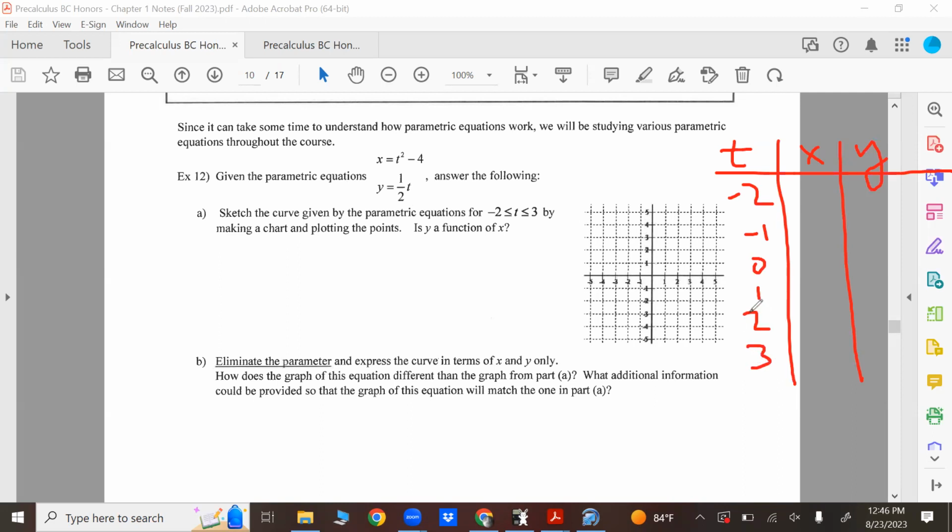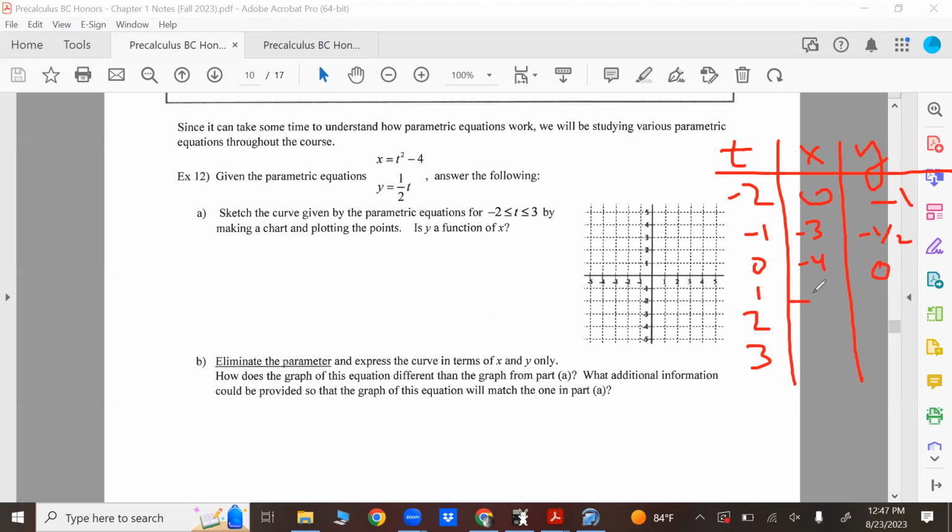And then you just plug it into each equation and get answers, right? For example, if I plug -2 into x, what do I get? 0. And if I plug it into y, you get -1. If I plug in -1, I get -3, and for y, -1/2. For 0, you get -4 and 0.